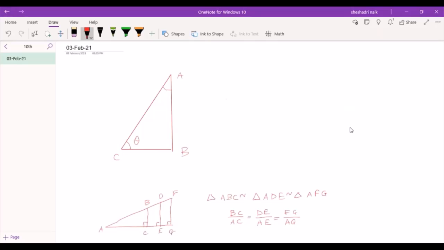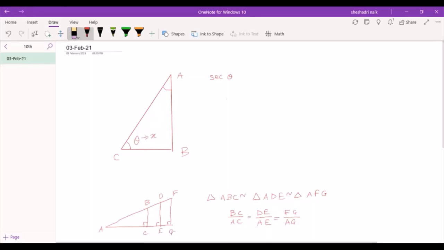Draw this particular diagram and prove that sec x is equal to 1 upon cos x. What is sec theta? This particular angle theta can be treated as x.